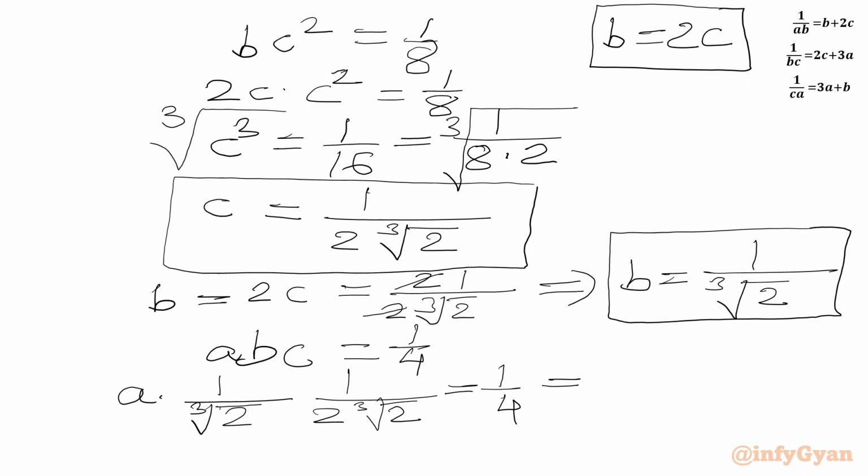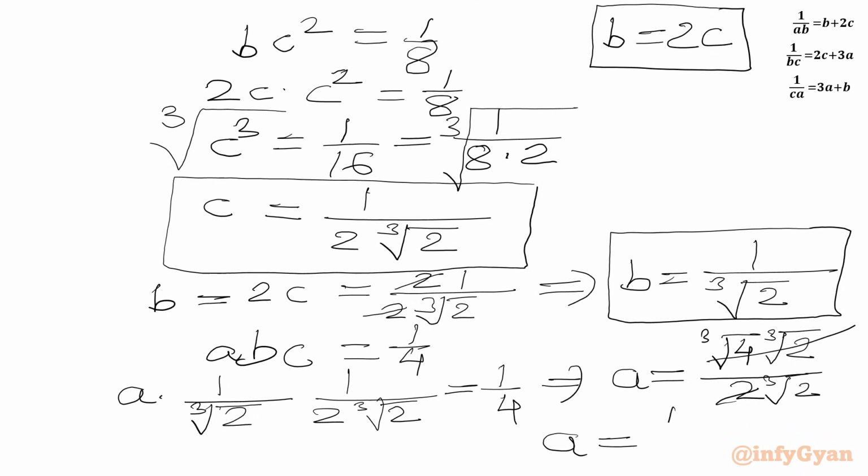So we can simplify and write A will be equal to 2 in the denominator and cube root 4 in the numerator. Now we will multiply numerator and denominator by cube root 2. So cube root 8 in the numerator, which will cancel denominator 2. So ultimately we have A value 1 over cube root 2.